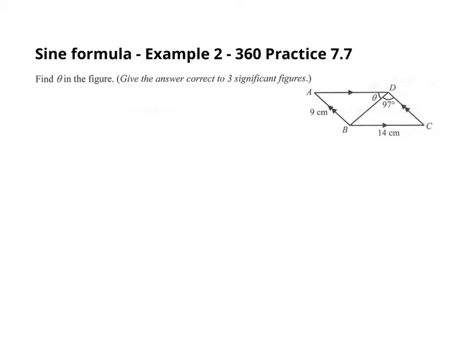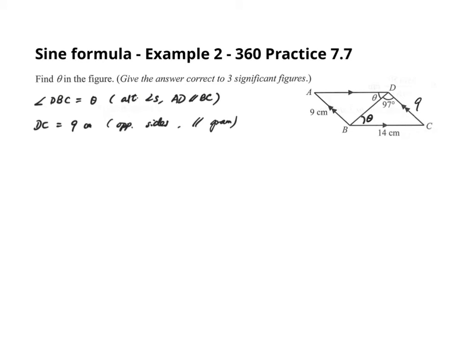Next, we are going to find the theta in this parallelogram ABCD. Since AD is parallel to BC, angle DBC is equal to theta. Besides, in a parallelogram, the opposite sides are equal, so CD is equal to BA is equal to 9 cm. As you see, in triangle BCD, we have two sides and one angle, 97 degrees. We can use the sine formula to find theta.